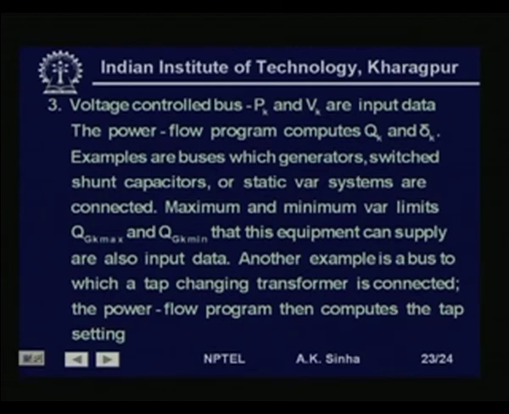The main reason for this is, at these bus bars, since we have reactive power control available, we try to keep the voltage magnitude at some specified value, and since these are also generator bus bars or maybe load bus bars, the real power at these bus bars is known.